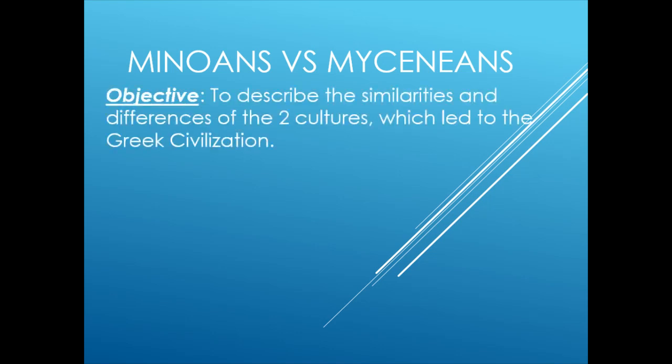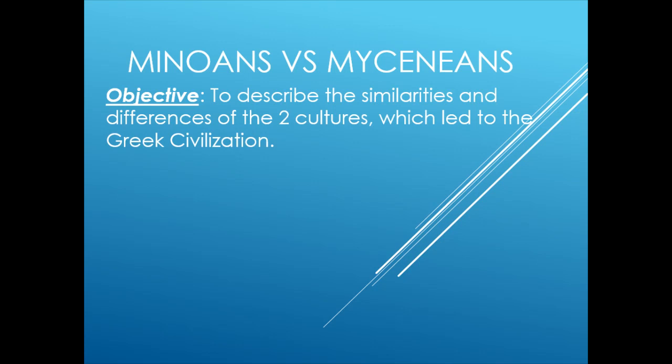All right, here's your objective. Your objective for this lesson is to describe the similarities and the differences of the two cultures, being the Minoans and the Mycenaeans, which led to Greek civilization. Again, to describe the similarities and the differences of the two cultures which led to the Greek civilization.